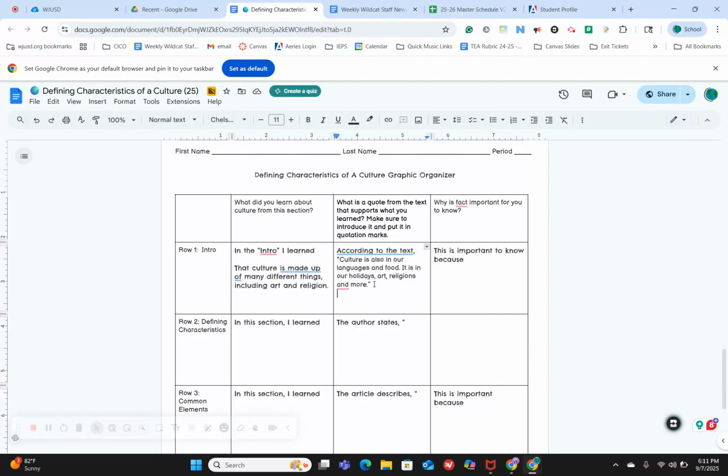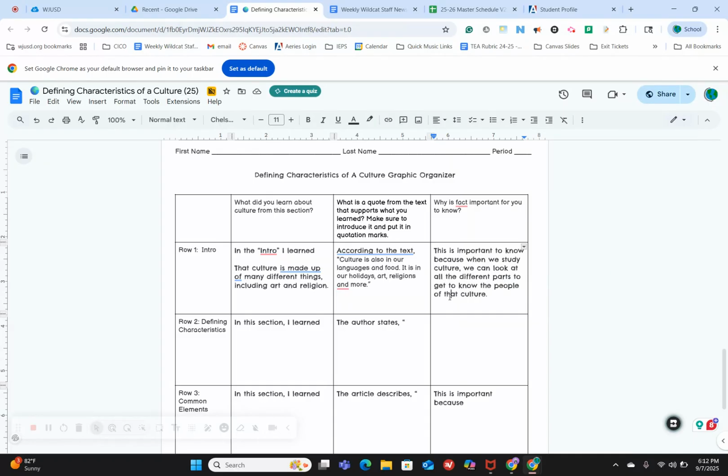All right, now we get into the next part, which is why it's important to know it. So who cares is kind of what we're answering here. Why is that fact important for you to know? I said that my fact that culture is made up of different things, including art and religion, was important because when we study culture, like we as in 7th grade world history, we can look at the different parts to get to know the people of that culture.